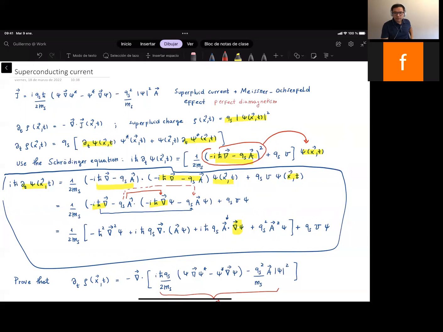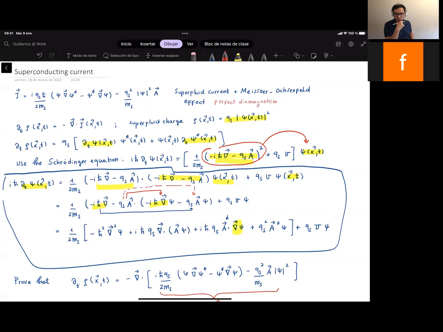First of all, we found already an expression for this superconducting current density, but then we also need an equation for the superconducting phase.